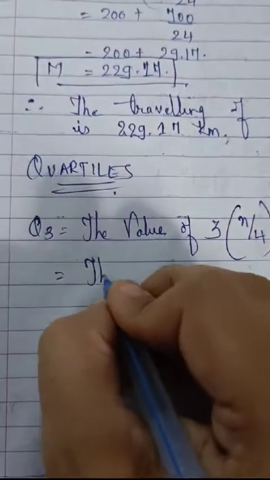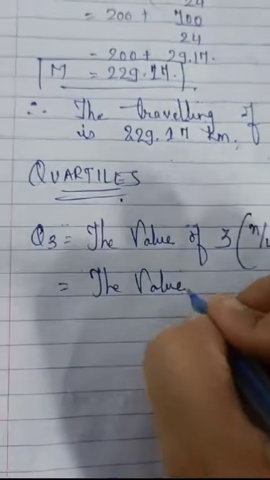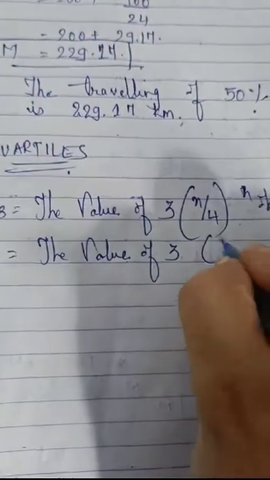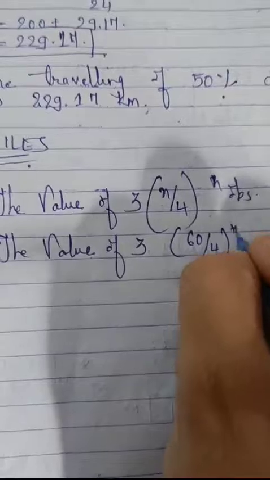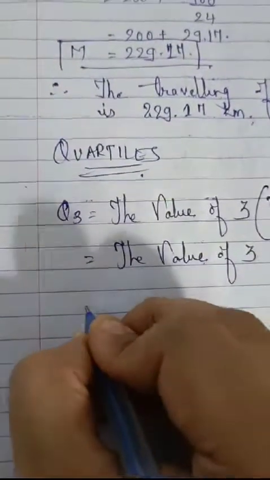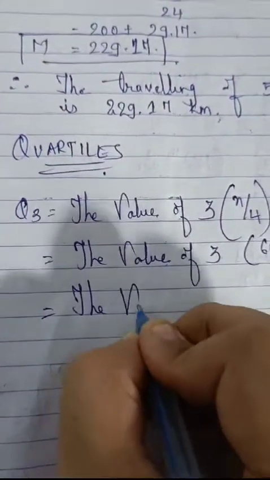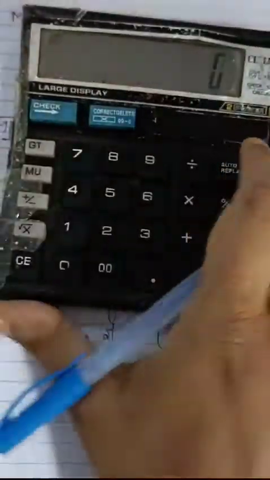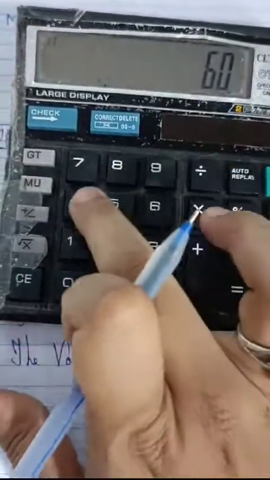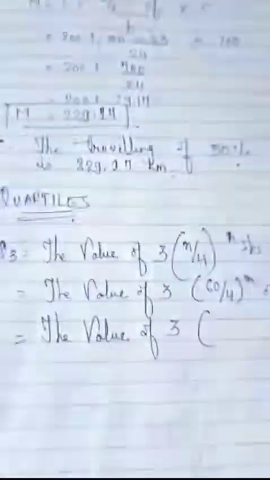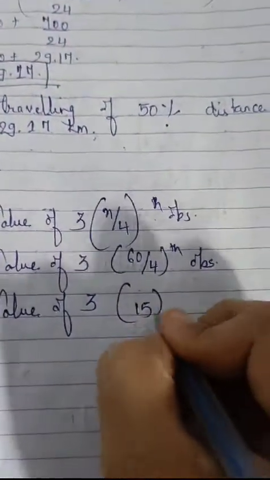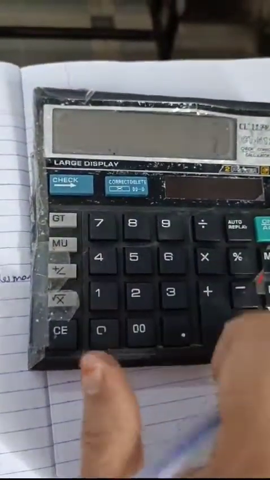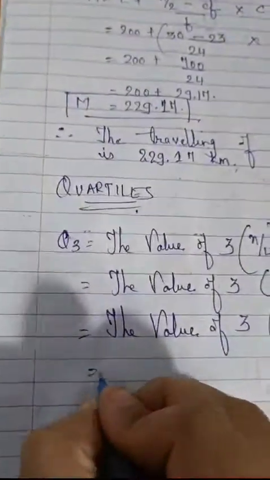So the value of 3 into n, that is 60 divided by 4th observation. So here the value of 3 into 60 divided by 4, that is coming 15. 15th observation, multiply by 3, so that is 45.